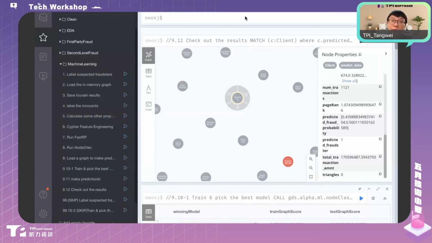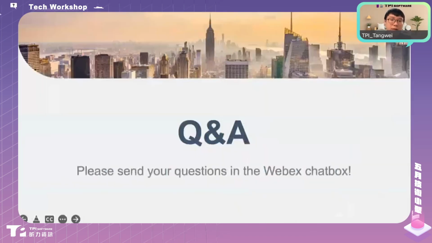And then we created this machine learning model in Neo4j, trained and picked the best model, and then made the predictions. So this is today's demo part.